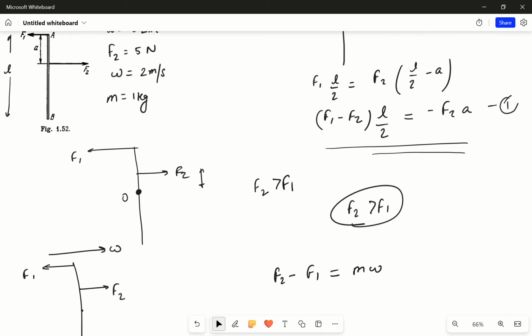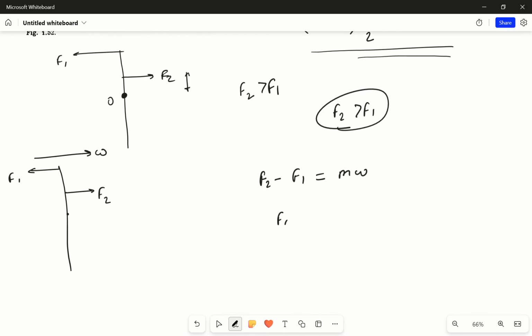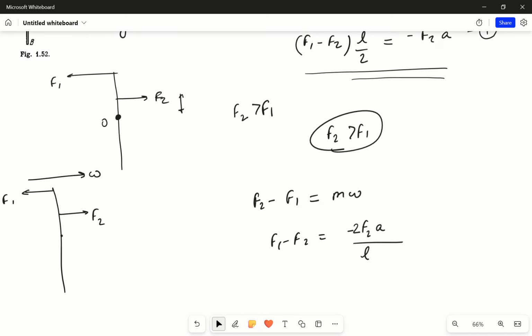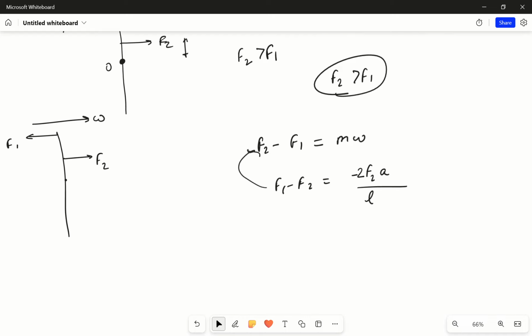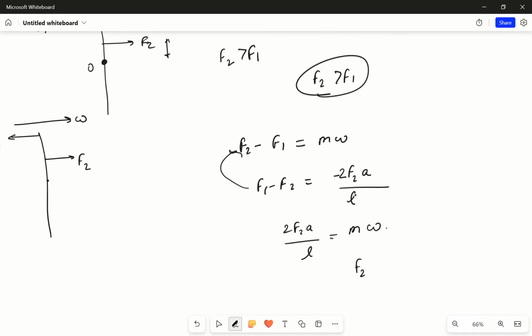And from equation number 1, F1 minus F2 equal to minus 2F2A upon L. So putting this into this, 2F2A upon L equal to mass into W. So from here you will get the value of F2, that is equal to MWL by 2A.